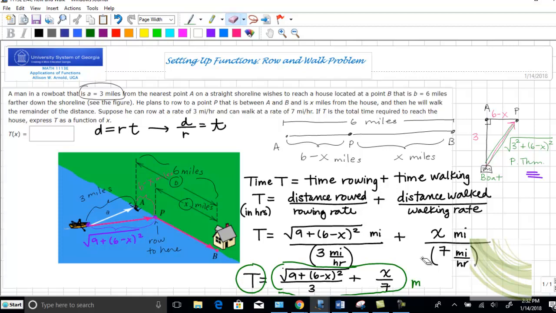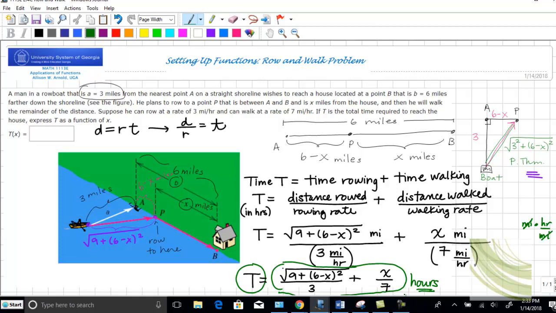Excuse me, not miles, hours. We already discussed that. Okay, apologize. Will be in hours. Okay, so again, notice miles per hour in the denominator means when you invert and multiply, you're left with hours in the numerator. Okay, so I hope this makes sense.